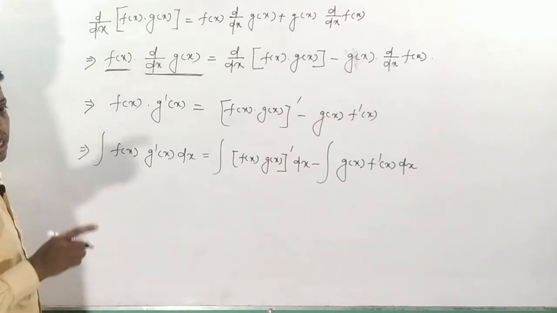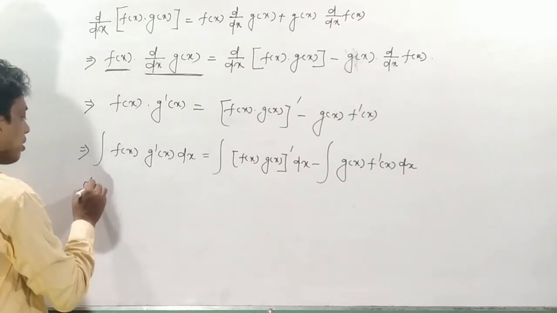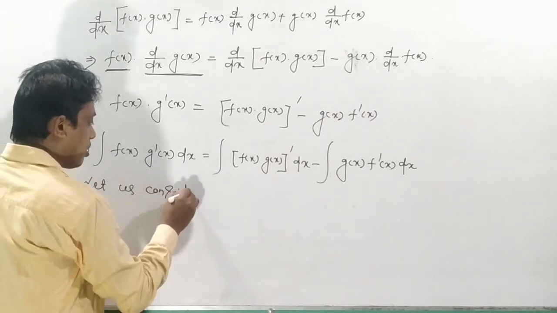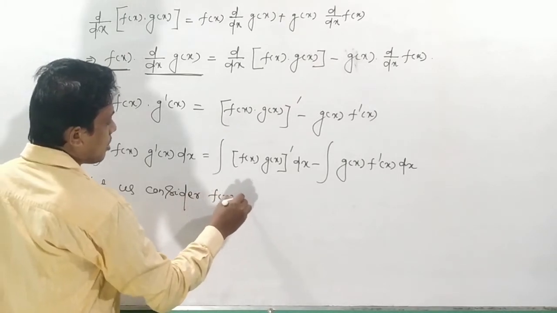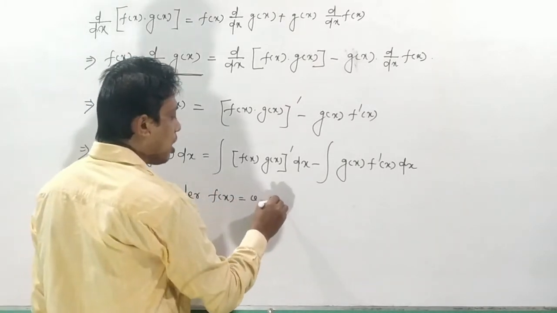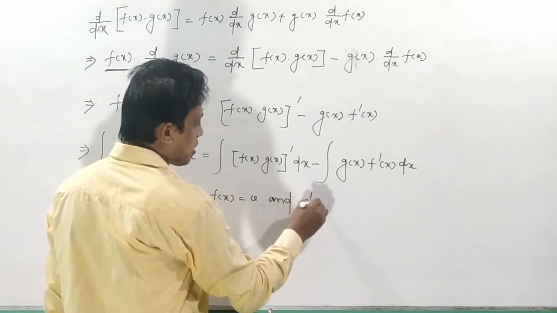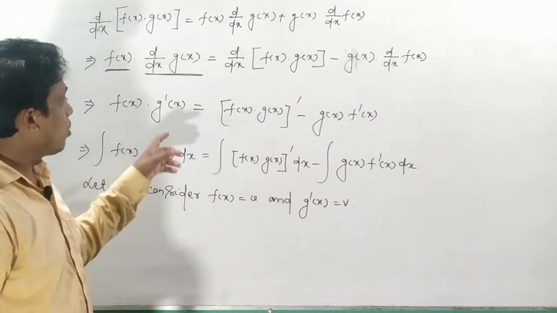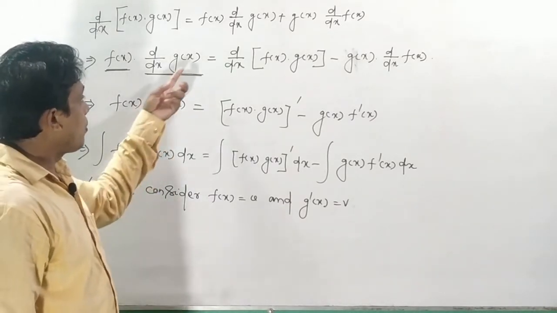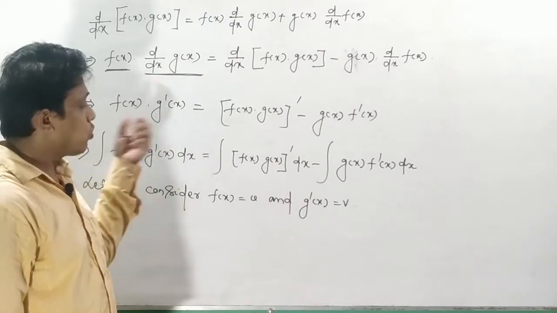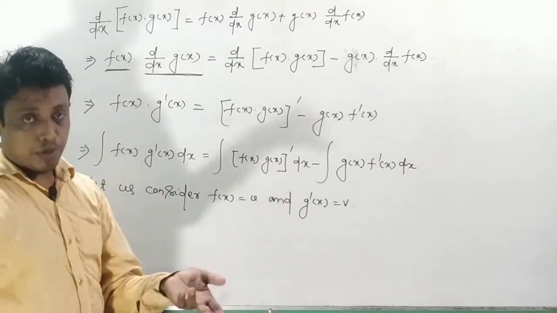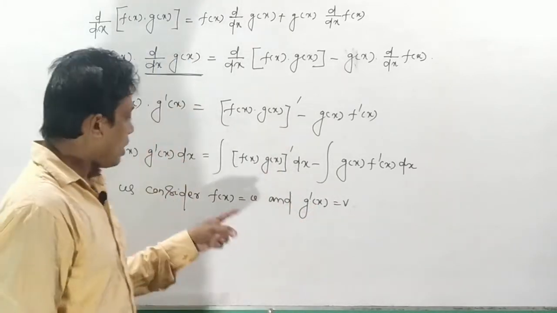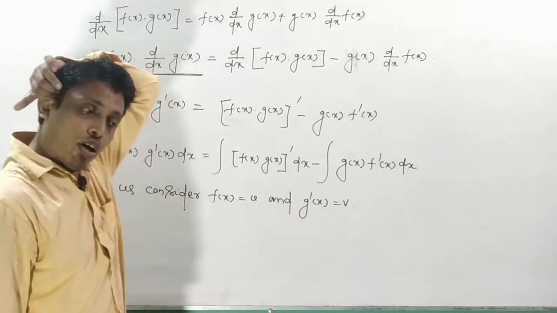Now the important thing, let us consider f(x) equal to u and g dash x equal to v. We already know that the derivative of g(x) is g dash x, which is a function of x, so we take this function g dash x as v. Here u and v are two functions of x.